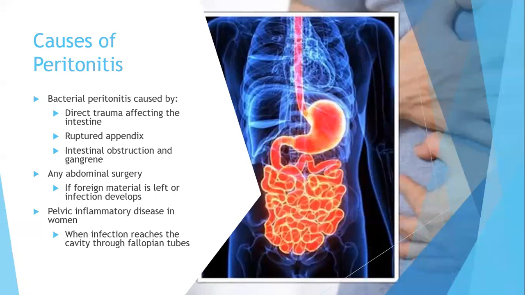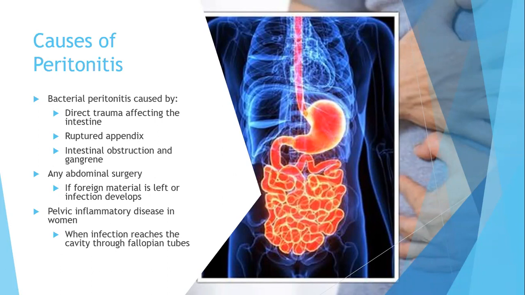And bacterial peritonitis is caused by direct trauma affecting the intestine, like a ruptured appendix or an intestinal obstruction, and gangrene. So gangrene is when we have tissue necrosis with bacterial infection. If you recall from way back at the beginning of 273.